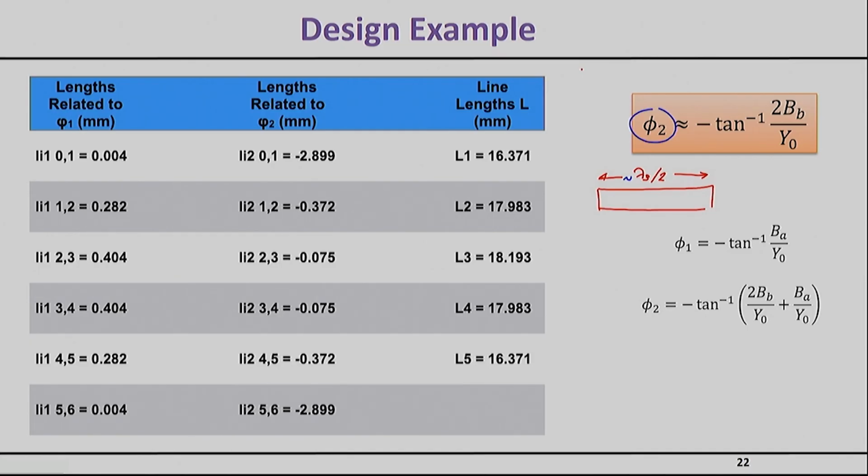So those negative lengths are related to the fact that this angle here will be negative. And so we will compute all the negative lengths that we have and then subtract them from lambda g by 2. And so that means that most of the resonators will be close to lambda g by 2, but not exactly. So you can see, for example, all of the lengths here are about the same, but not really exactly the same because these negative lengths do change.